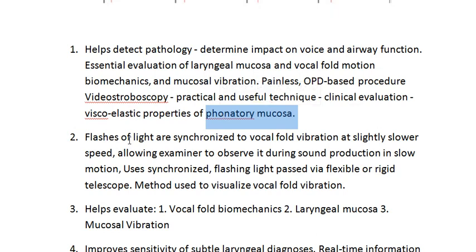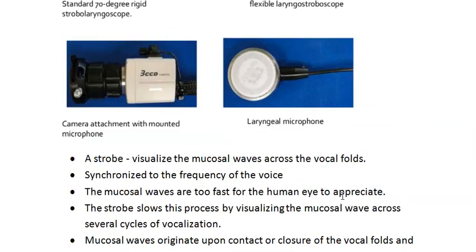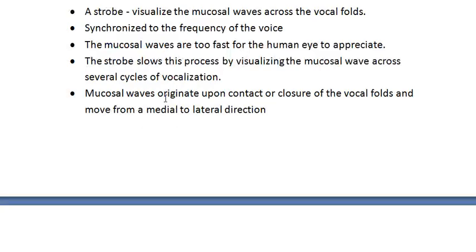Flashes of light are synchronized to the vocal fold vibration at a slightly slower speed, allowing the examiner to observe it in slow motion during sound production. It uses a synchronized flashing light passed via a flexible or rigid telescope to visualize the vocal cord vibration, and the microphone picks up the image while the camera captures the video of it.